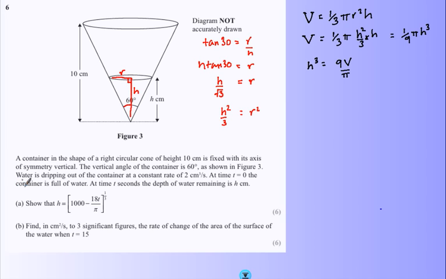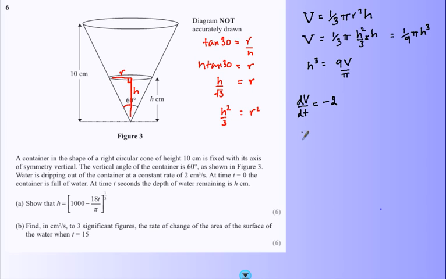Going back to my question here, I've got water is dripping out of the container at a constant rate of 2 centimetres cubed per second, and this thing starts off full. Now water drips out at a rate of, so dv dt, dripping out, so it's a negative, it's going down, -2 is the rate, centimetres cubed per second.